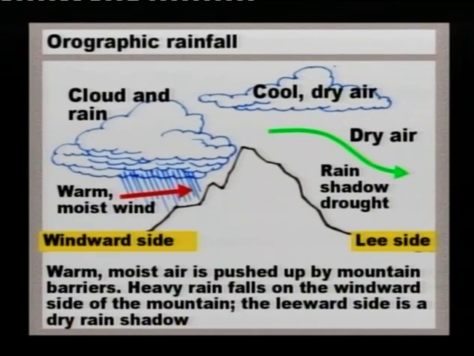So what happens here is that warm moist air is pushed up by the mountain barrier. Heavy rainfall falls on the windward side of the mountain, and the leeward side is a dry rain shadow. We must have a barrier for that rainfall to take place.